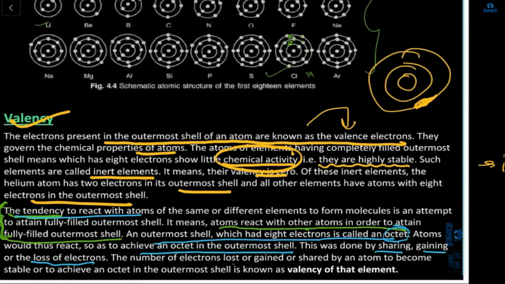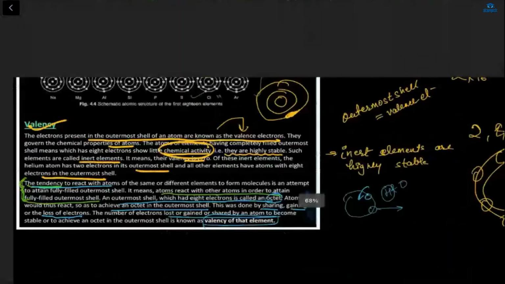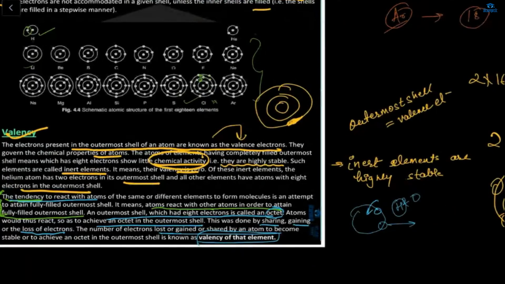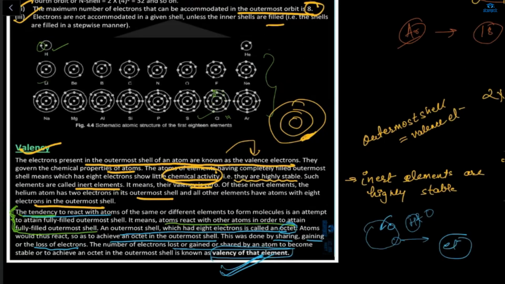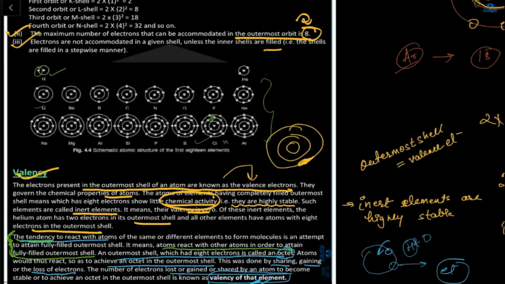The number of electrons lost, gained, or shared by an atom to become stable is known as the valency of that atom. Valency means the element is gaining, losing, or sharing electrons to fulfill the octet in its outermost shell.